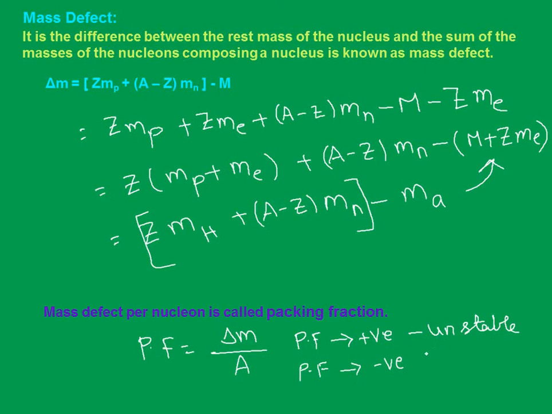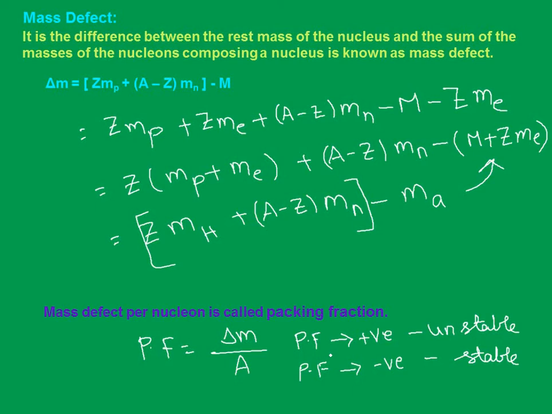Some of the energy has already been converted and it is binding the nucleons together, and thus the nucleus is stable. Generally packing fraction will be negative for low mass numbers, and positive for higher mass numbers. And you can see here, based on delta M alone, all these are possible.